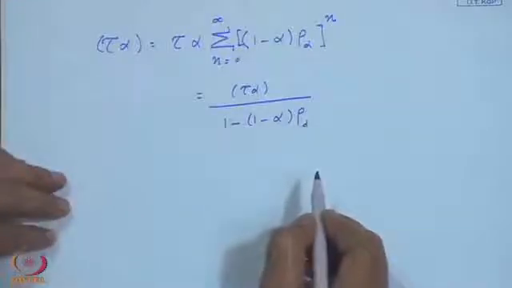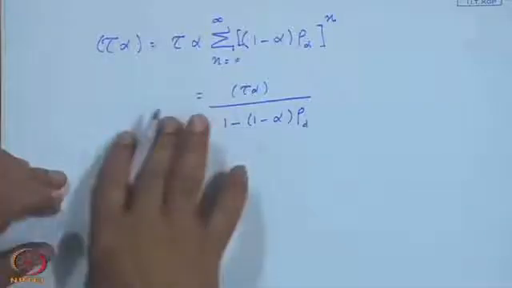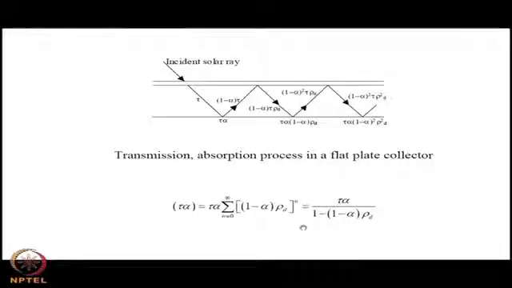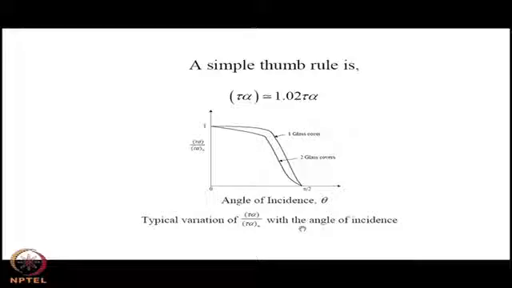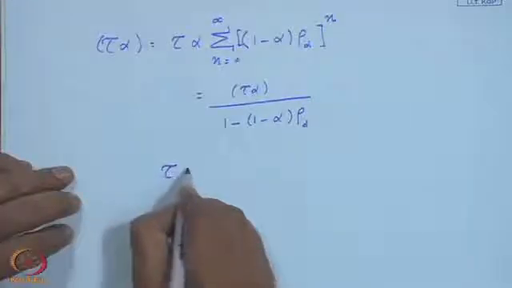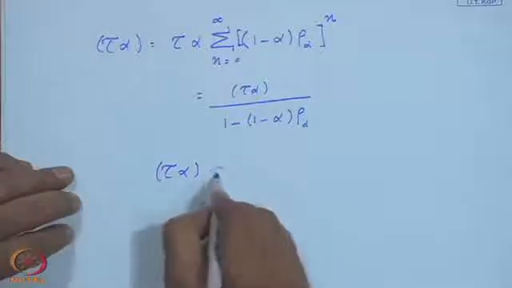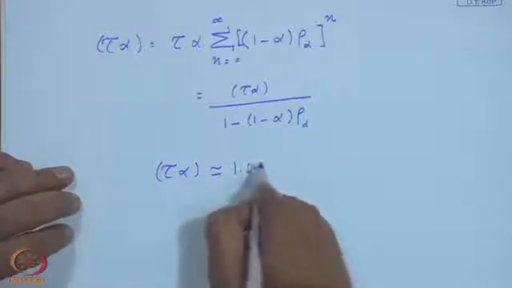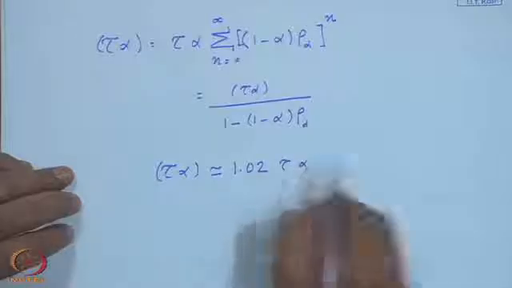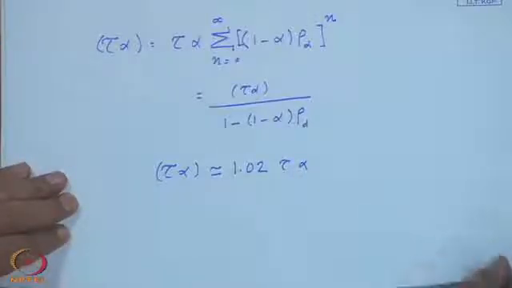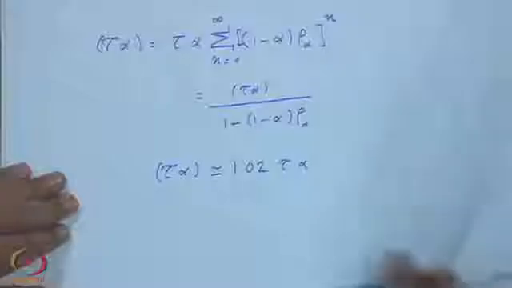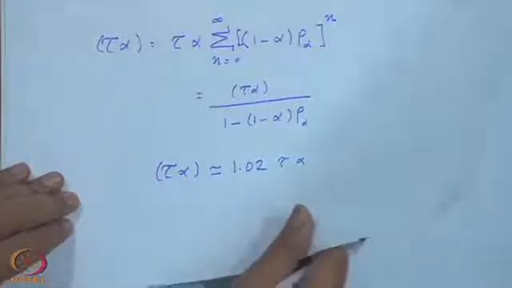This is the diffuse reflectivity of the surface. So, this is the actual formula for the effective transmittance absorptance product, which tells us it should be a little higher than the actual tau into alpha. As a simple thumb rule, the effective transmittance absorptance product is approximately equal to 1.02 times tau into alpha. That means it is about 2% more than the product tau and alpha.